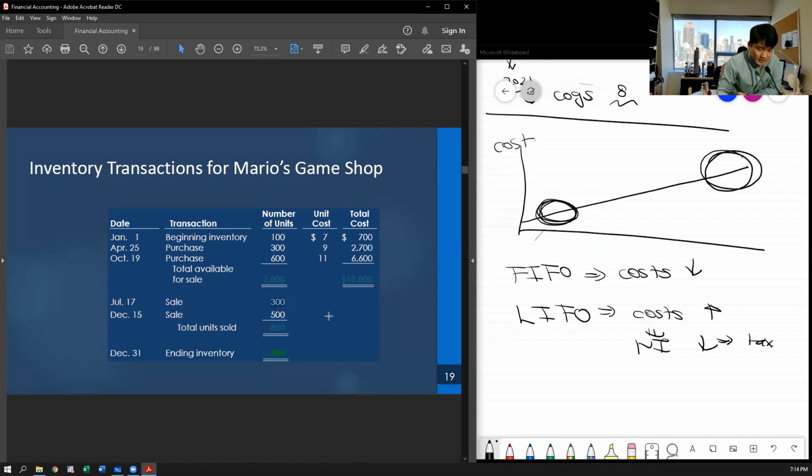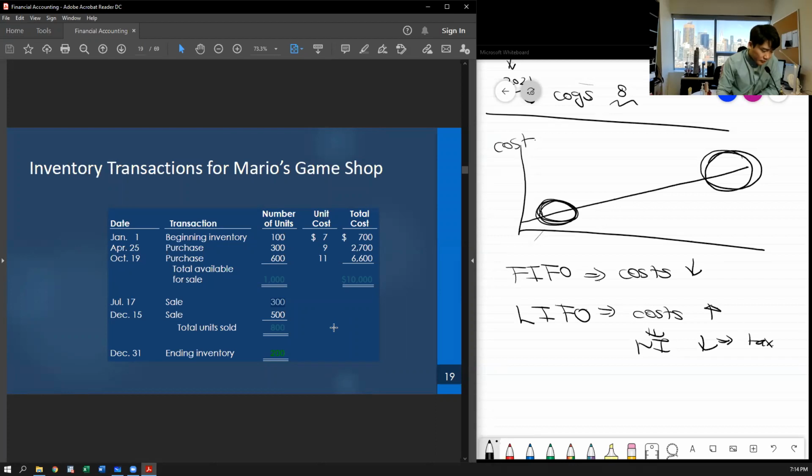Again, given this information and the different method the company adopts for computing cost of goods sold, how much are you going to record for the cost of goods sold for those 500 units? Depending on which approach you use, the cost of goods sold will be different.